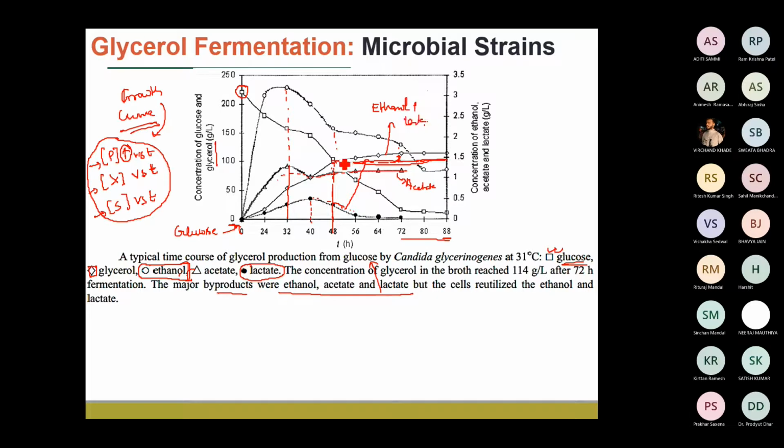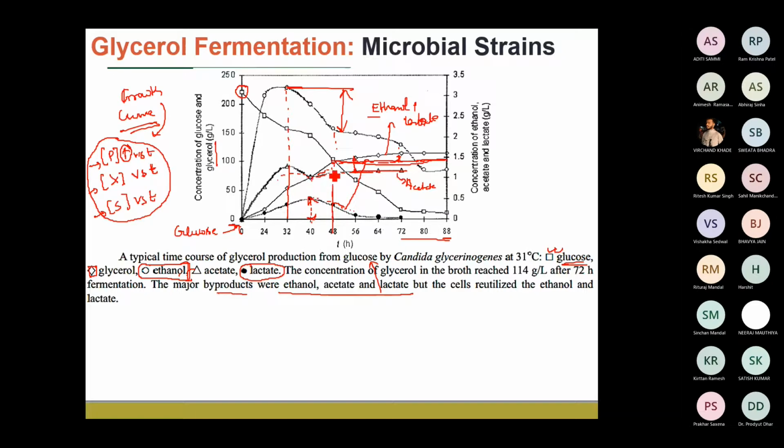During this step we can see a significant decrease in the concentration of the ethanol as well as the lactate. So what is happening is that these two components, the ethanol and lactate, are converted to the glycerol, and we can see an increase in the production of the glycerol.